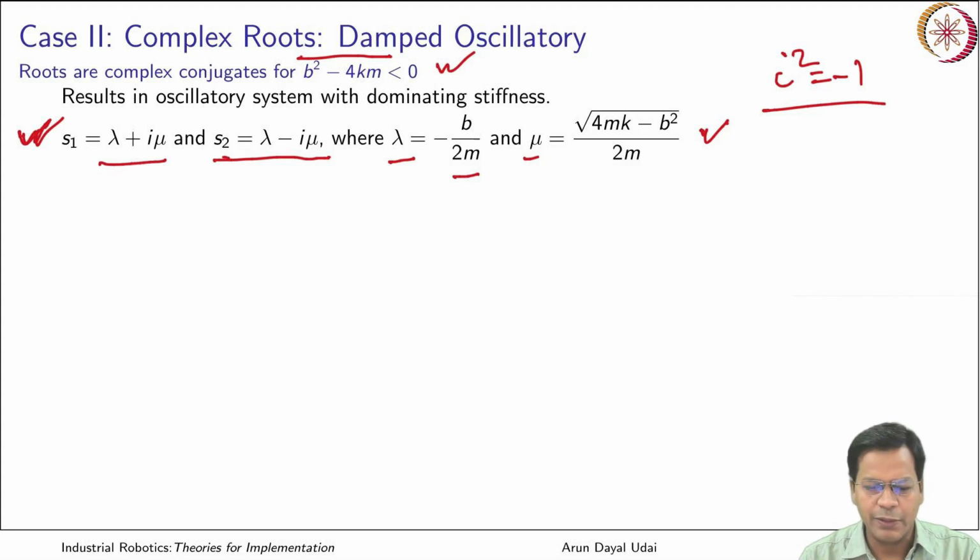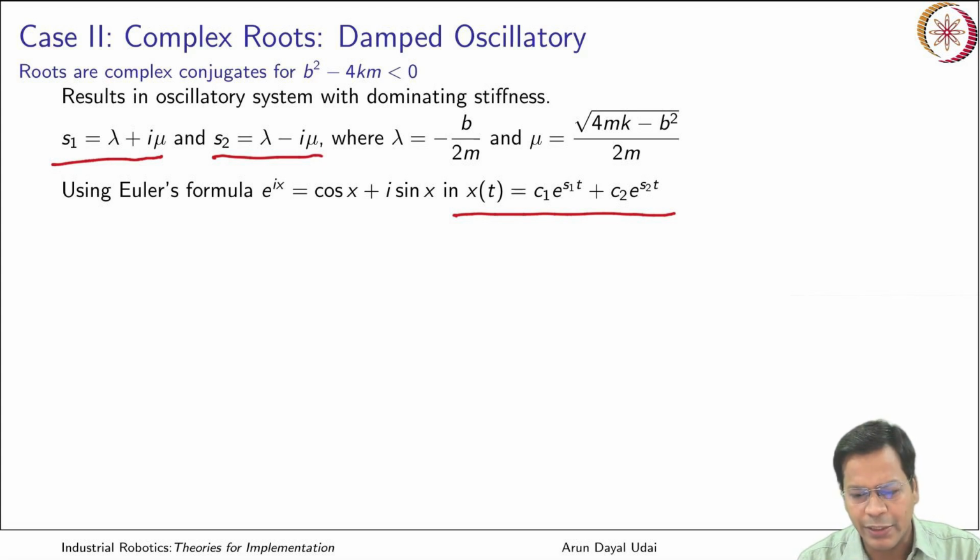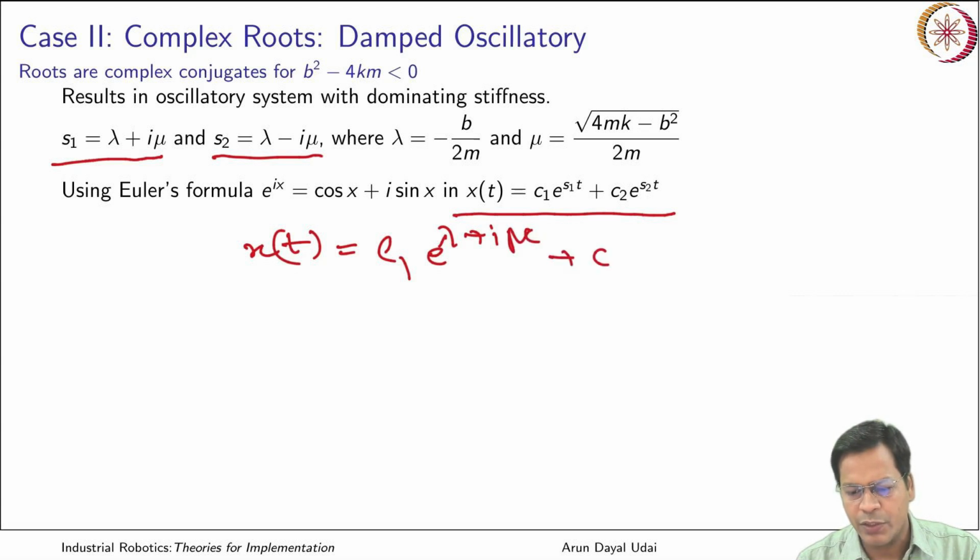I'll just put it here, and you substitute those values of s1 and s2 into this equation. So what do you get? You can quickly write it as x(t) is equal to C1 e to the power (lambda plus i mu) t plus C2 e to the power (lambda minus i mu) t.